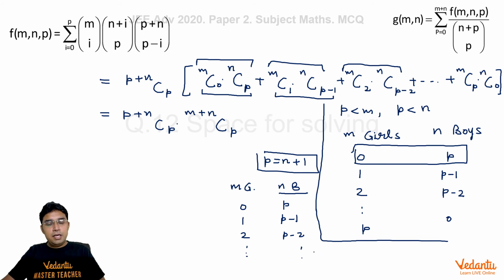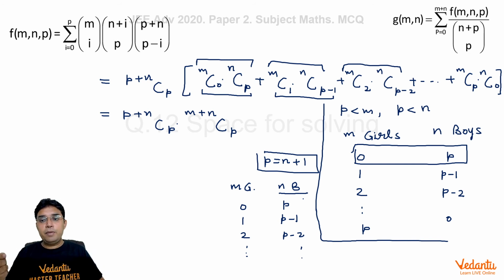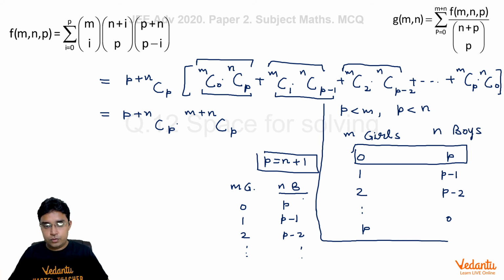So you can see in this case also, if p is greater than n, this summation will still give you m plus n CP, because we are again counting all possibilities when p persons can be selected from m girls plus n boys. Okay, and this same thing can be verified for the case when p is greater than m or p is greater than both m and n also. So this is what we have got for f of m comma n comma p.